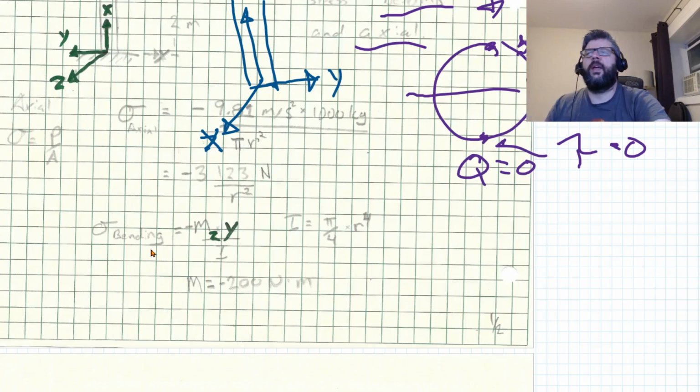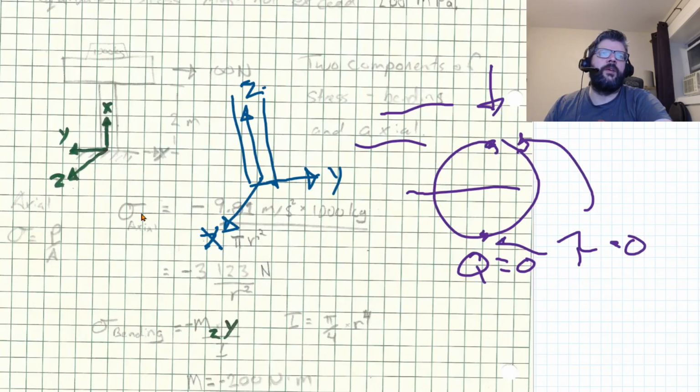Basically what ended up happening is when you plugged in the proper values for the moment about the x-axis and the y value, the negatives didn't cancel out properly. Now I believe the problem there is if you stretch back to recalling how cross products work, way back to the start of your statics class.